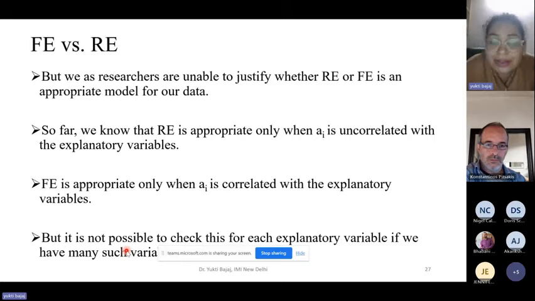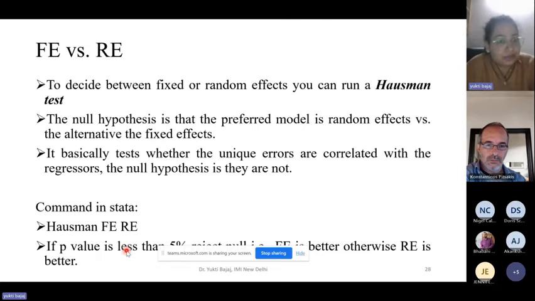So no problem. Sit back, relax. We have the software to do the task for you. Right? So we have the Hausman test. Hausman test is a test which actually tells you whether your data is appropriate for the fixed effect technique or the random effect technique.